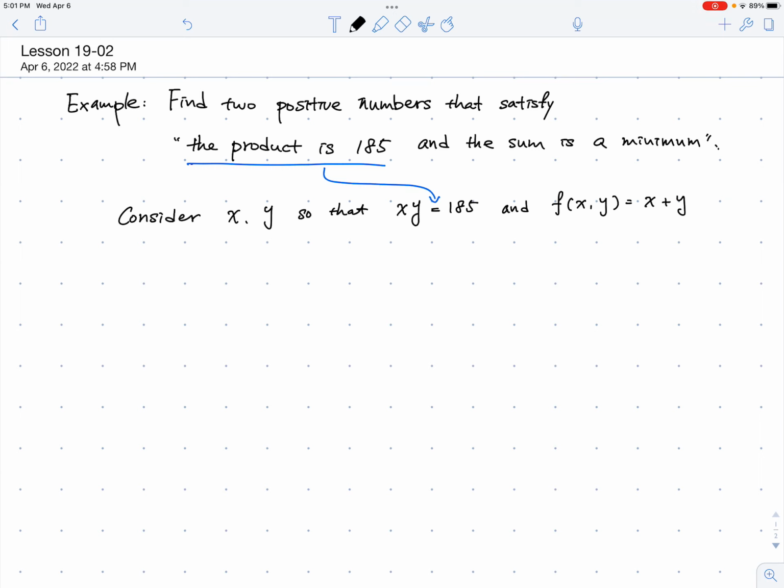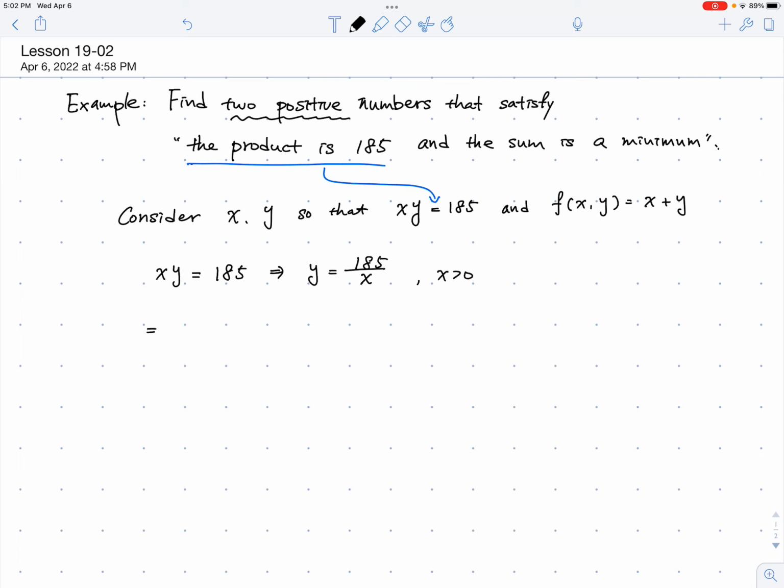All right, so now this f is a function of two variables which we don't know how to handle, but from the equation x times y equals 185, we can tell y could be replaced by 185 over x. All right, and here you have x being positive because it does say you are looking for two positive numbers.